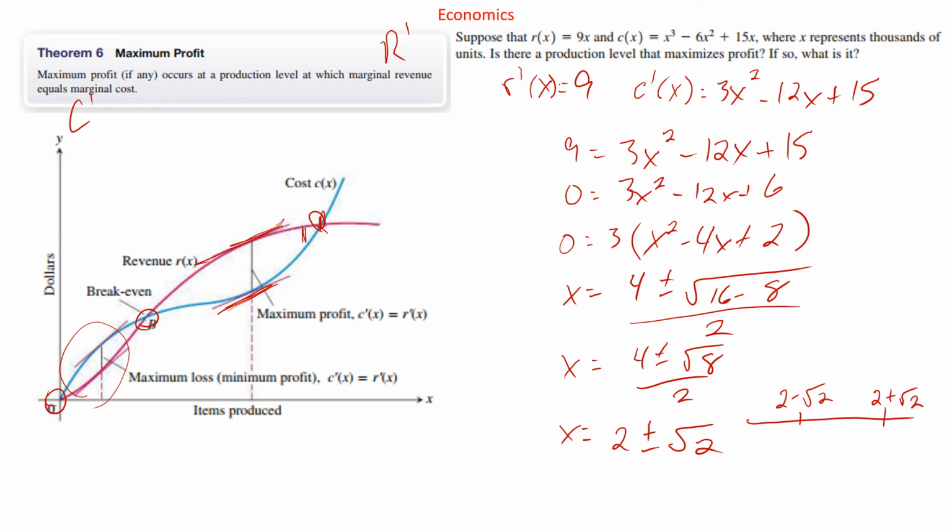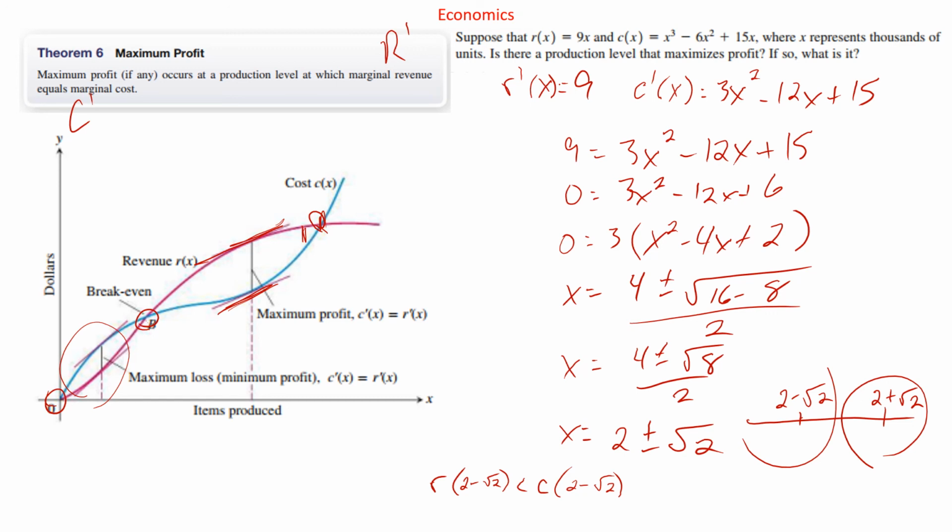And so we could graph these as well. Oh, so it's going to happen at, there we go, we don't even need to make a sign chart. It's going to happen at one of those. We need to plug those into the original functions to see which one's bigger. So if we plug in this first one, 2 minus root 2, we get that the revenue at 2 minus root 2 is less than the cost at 2 minus root 2.